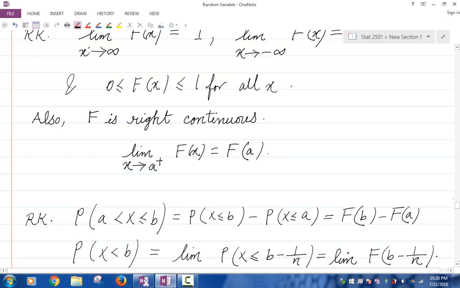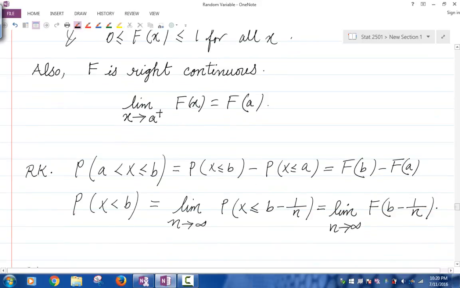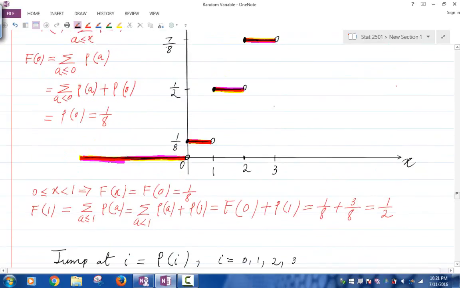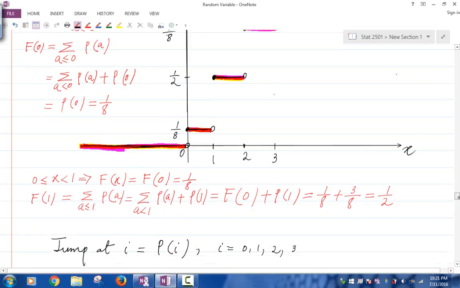And notice that F is right continuous, that is the limit of F of x as x goes to a from the right is the same as F of a. So in the picture you can see that the limit of F at any real number from the right is the same as the value of the CDF at that real number.